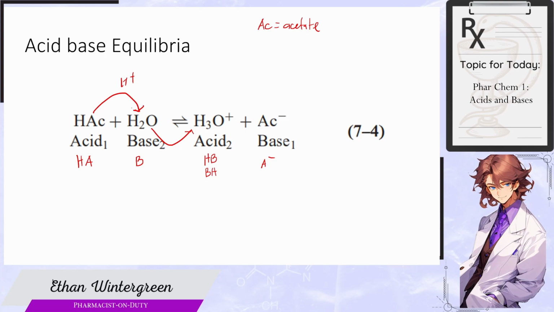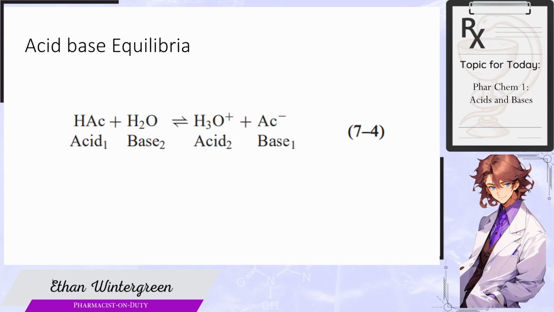Acetic acid gave hydrogen to water, and that became our hydronium ion. Please take note that this is a reversible reaction, and when left alone, it would reach a state of equilibrium. Since it can reach a state of equilibrium, it can follow the equation for KEQ.